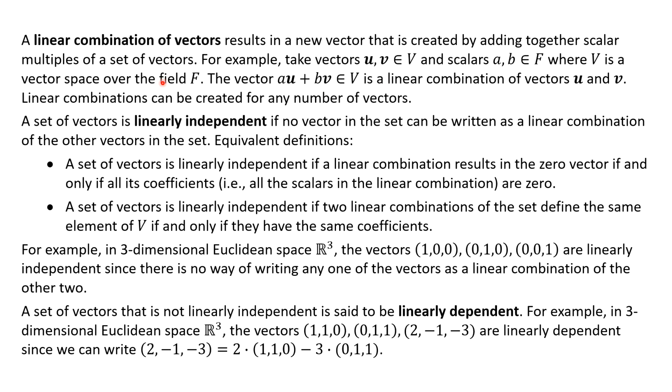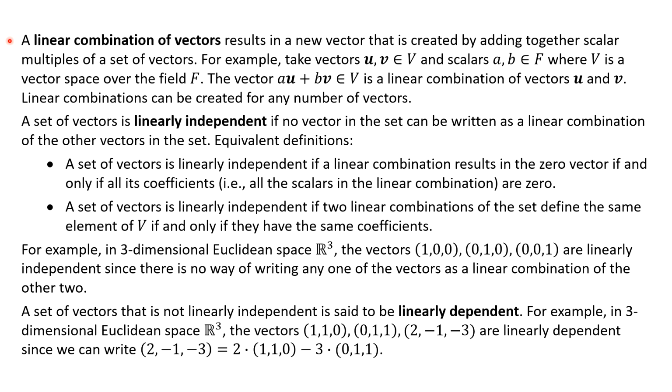I have a few concepts on this slide related to vector spaces. It's related to linear combinations of vectors and linear independence. First concept is a linear combination of vectors results in a new vector that is created by adding together scalar multiples of a set of vectors.